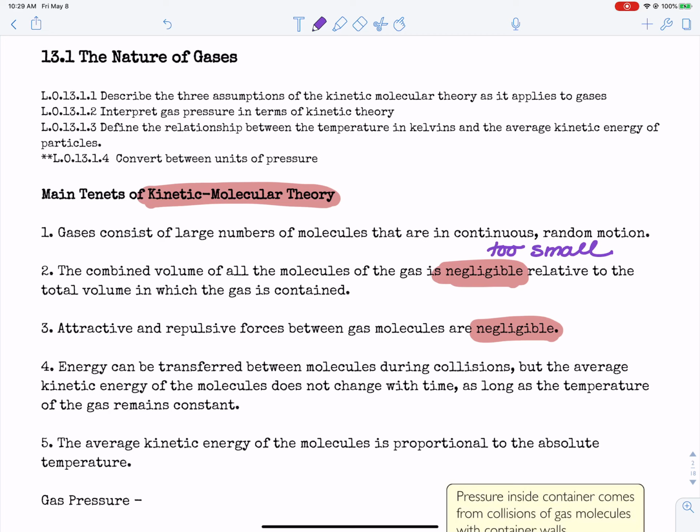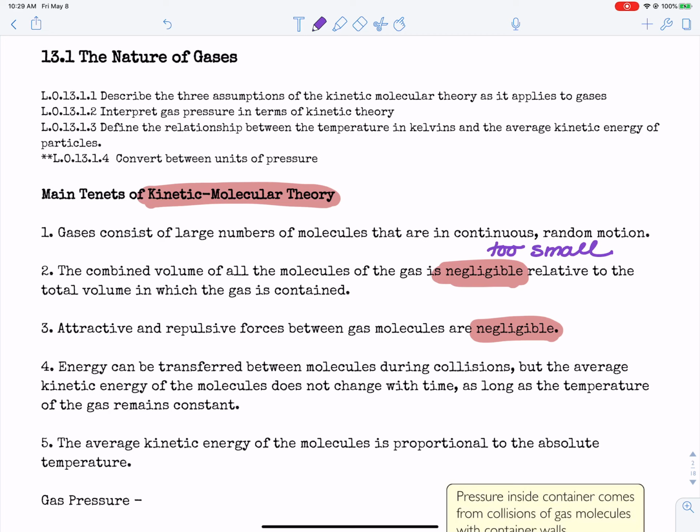Are they negligible? Energy can be transferred between molecules during collisions, but the average kinetic energy of a molecule does not change with time as long as the temperature of the gas remains constant. So in this room right now, there are molecules of nitrogen and oxygen, and they're constantly colliding with each other.